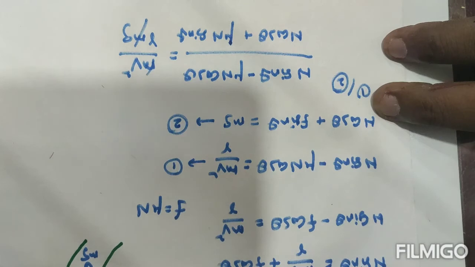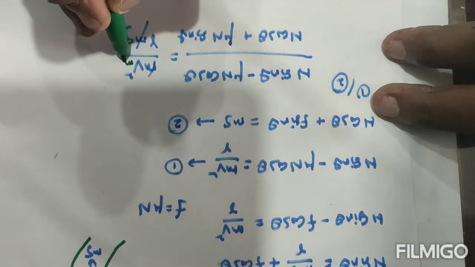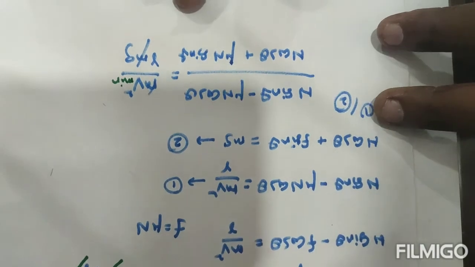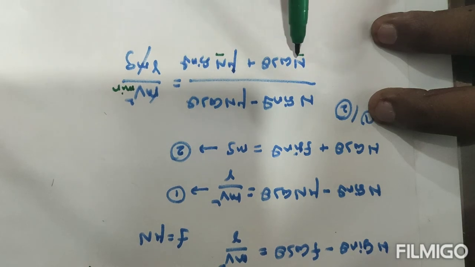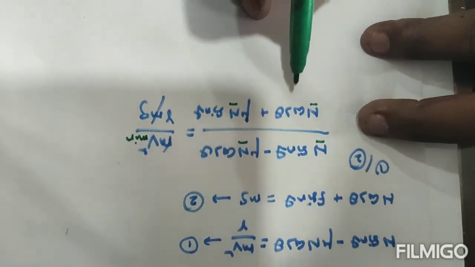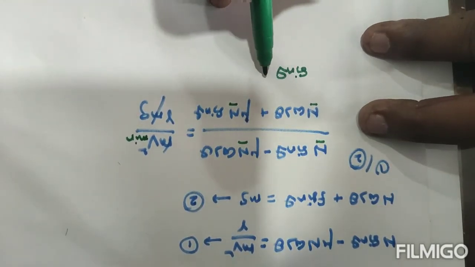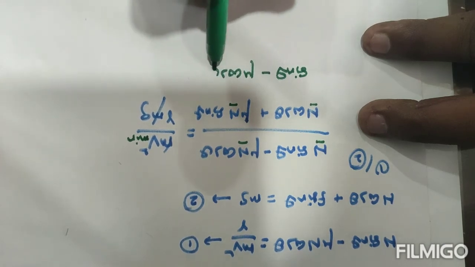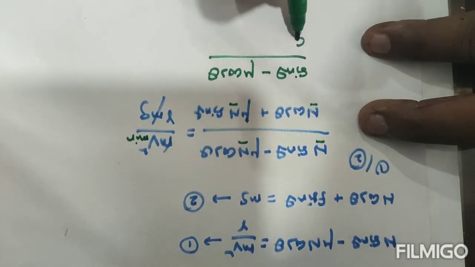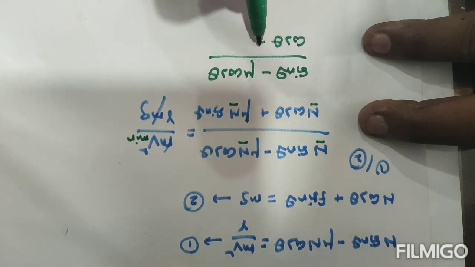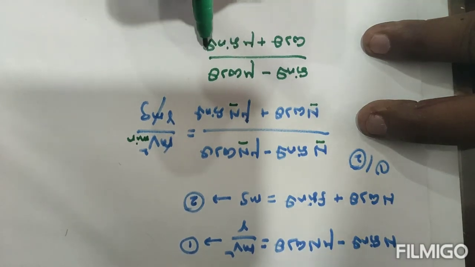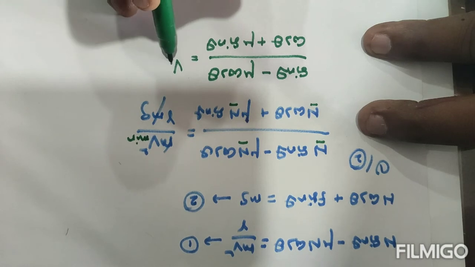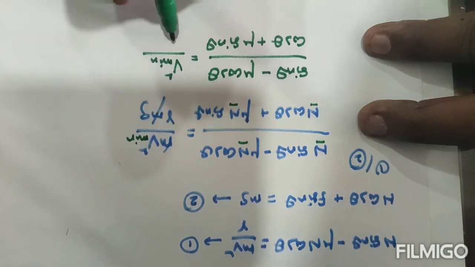Now we know here we are going to calculate the minimum speed, so I can write v minimum. Then N value is common, let's take it outside. Here also N value is common, let's take it outside. So all the N value will be cancelled. So the remaining term I can write as sin theta minus mu cos theta divided by cos theta plus mu sin theta equal to minimum speed square divided by rg.